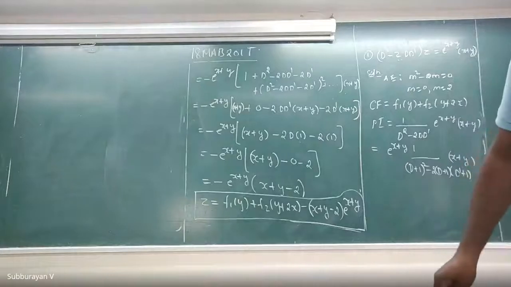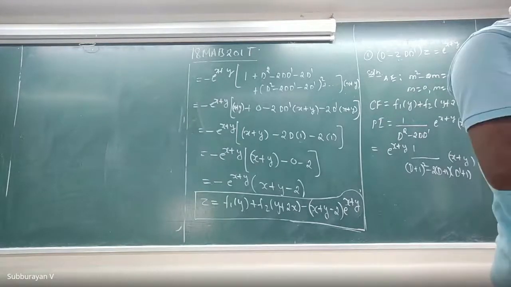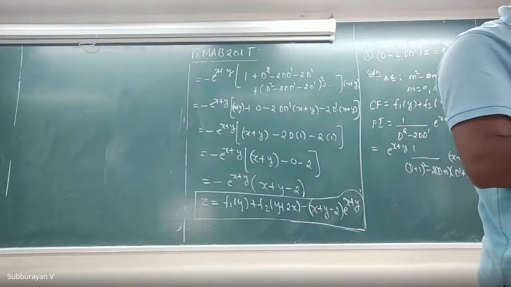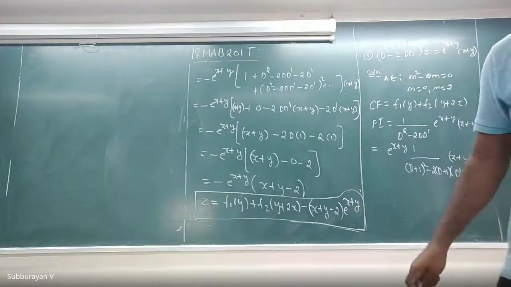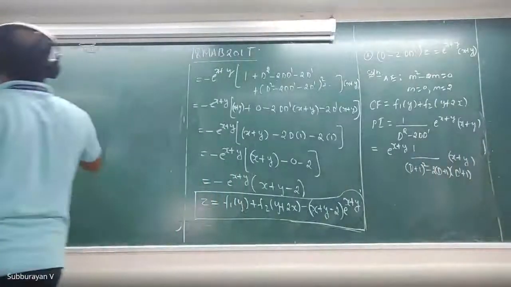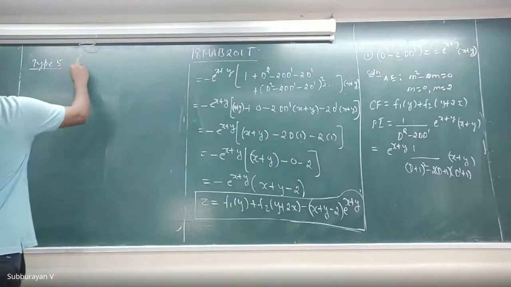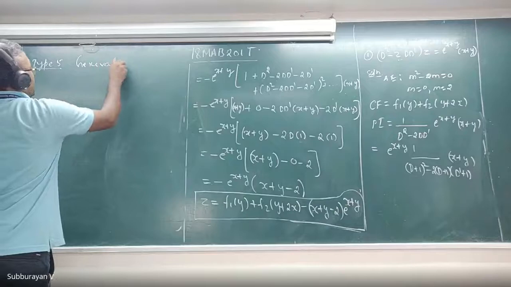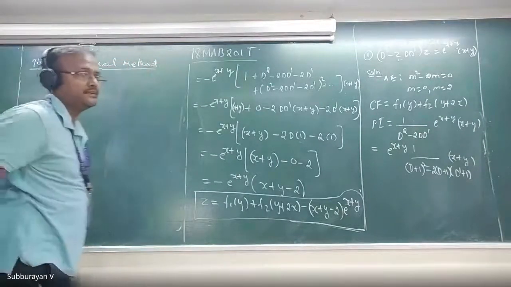Okay, then see next, type 5. This is called the general method.